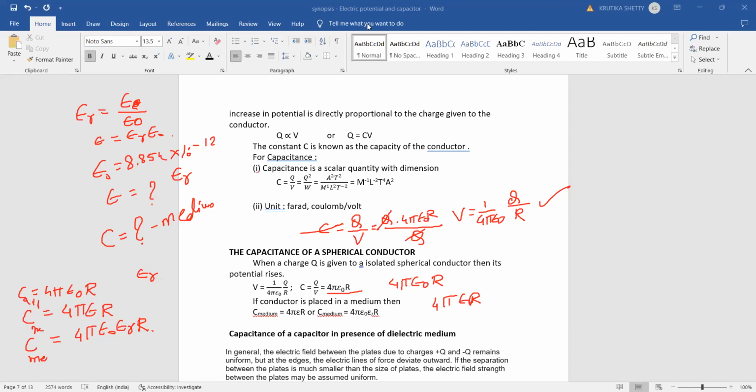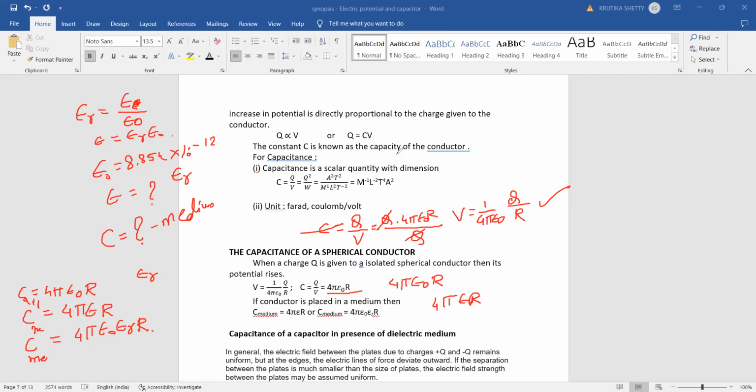Yes, okay, the concept is clear. Do you understand which formula to take and when? If you need a repeat, you can tell. Okay, I hope it is clear.